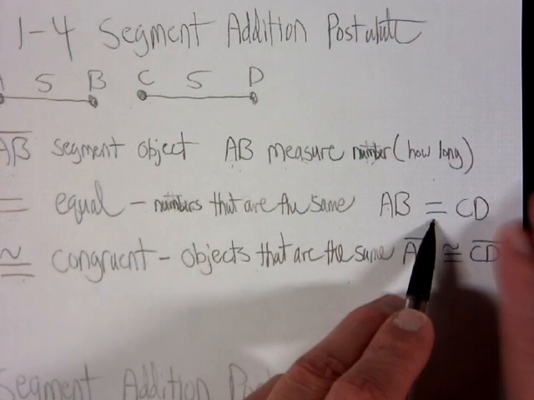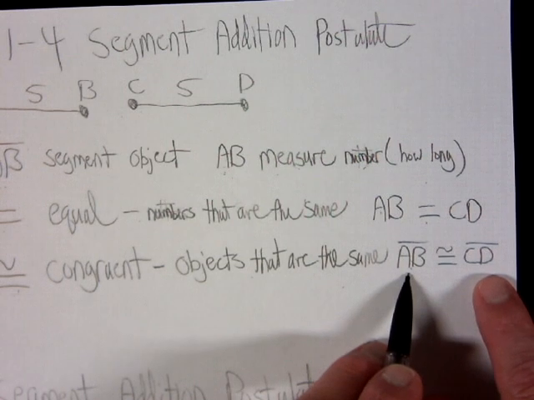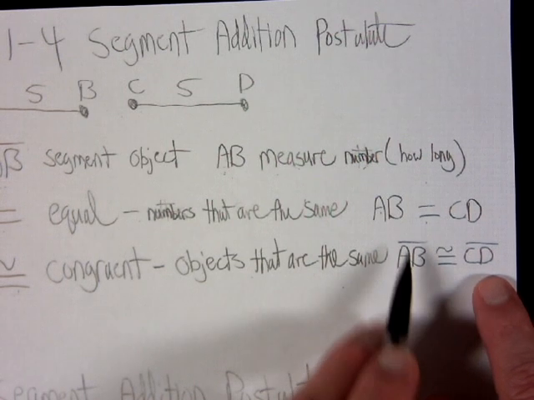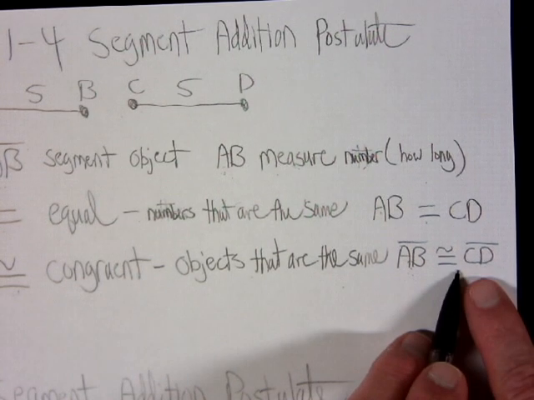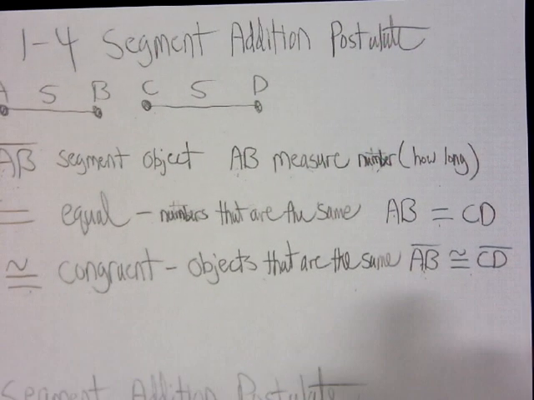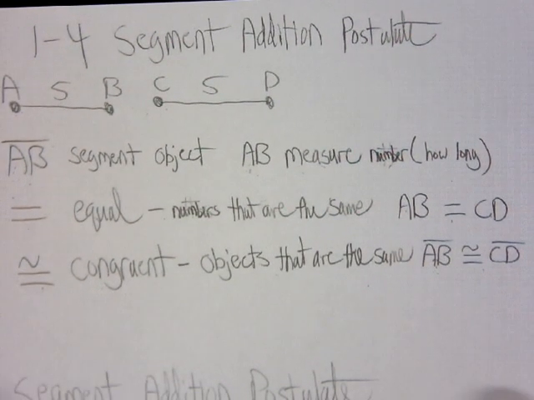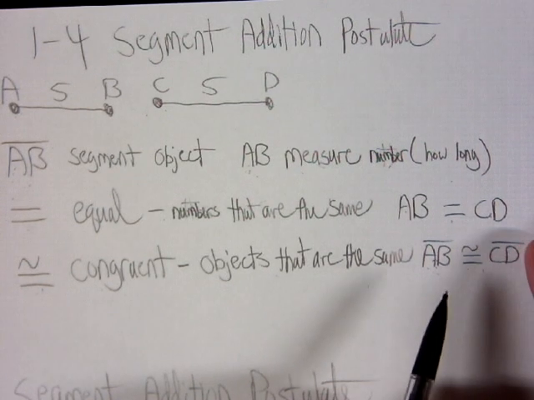I should use an equal sign. Here, if I were just to write these two out, these two are segments. Well, segments are objects. What do I use between two objects that are the same? Congruent. So two numbers that are the same are equal, but two objects that are the same are congruent. So keep that in mind.